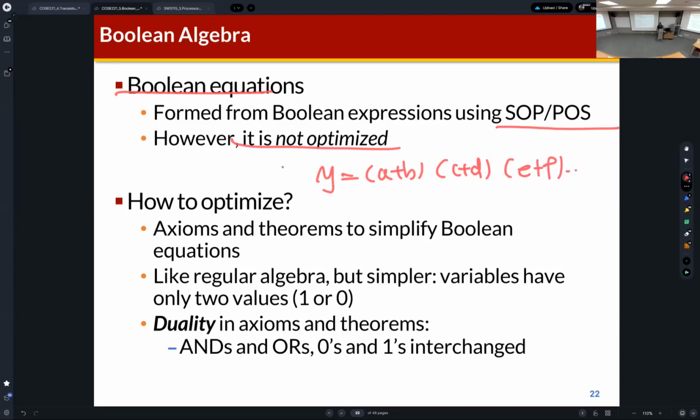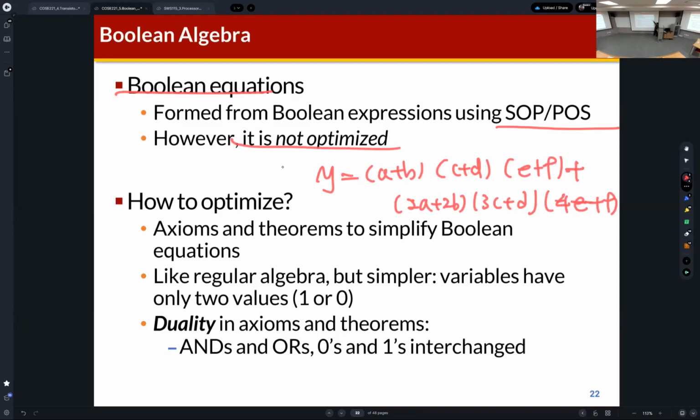Or something like 2a plus 2b, 3c plus d, 4e plus f. We can write real algebra like this, but it is not optimized. There are 6 terms here.